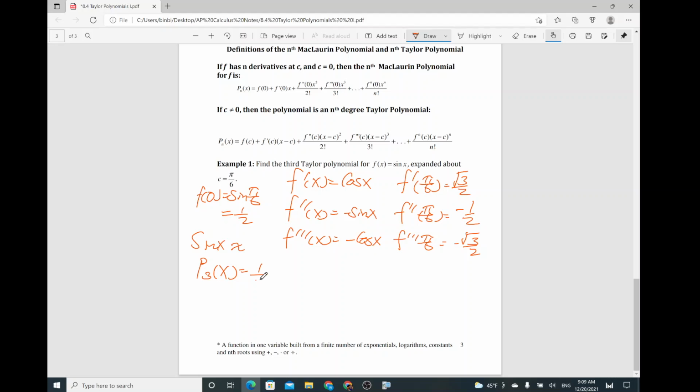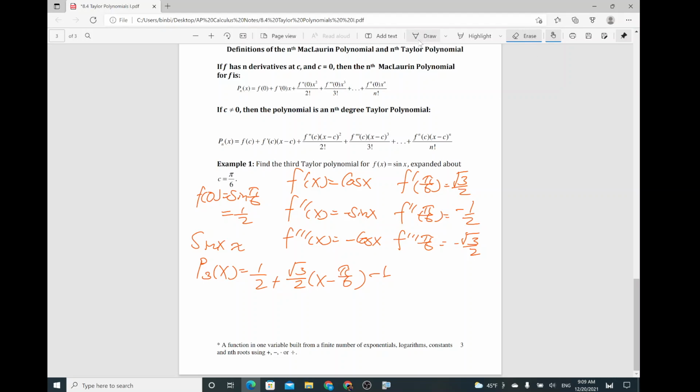Okay, so 1/2 plus f prime of c, we found it already, root 3 over 2, and then x minus pi over 6, and then the second one, f double prime of c, which is negative 1/2, so minus 1/2 over 2 factorial. Over 2 factorial means you divide it by 2, so it's going to be 1/4.